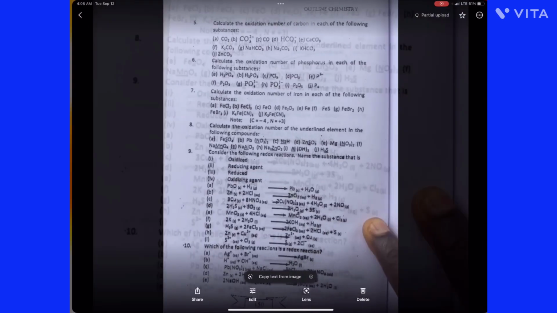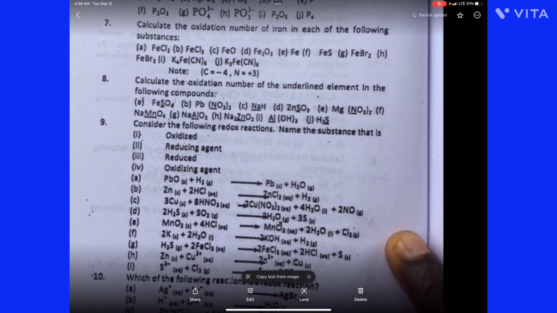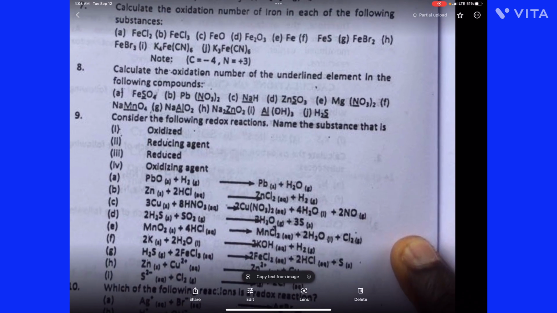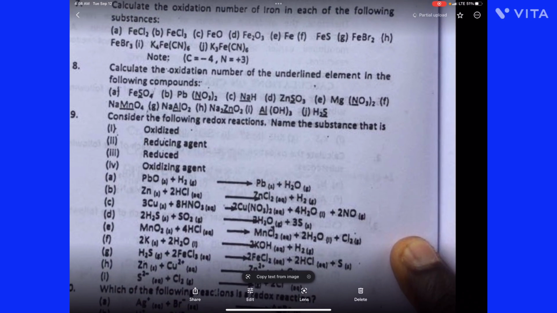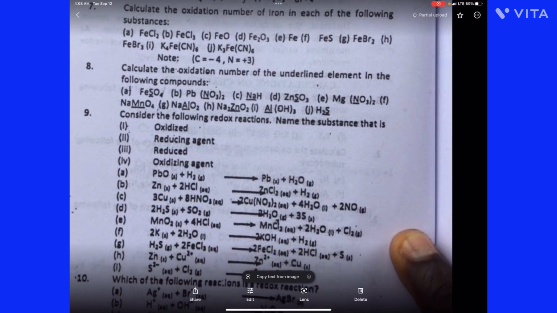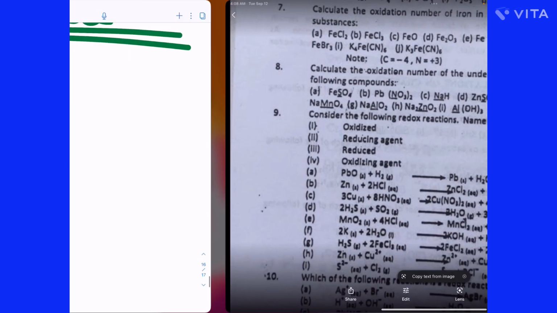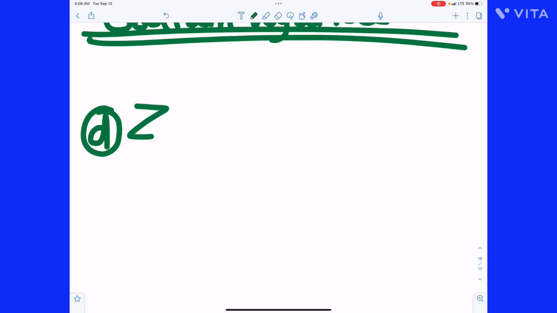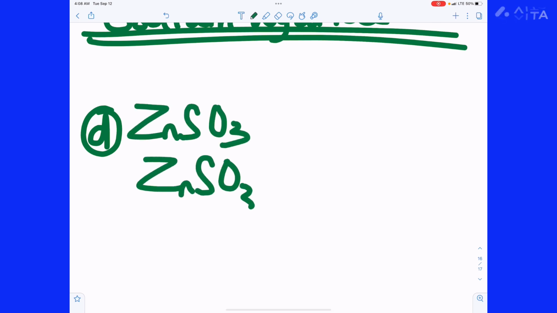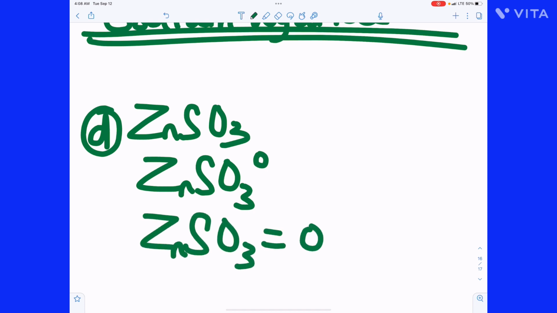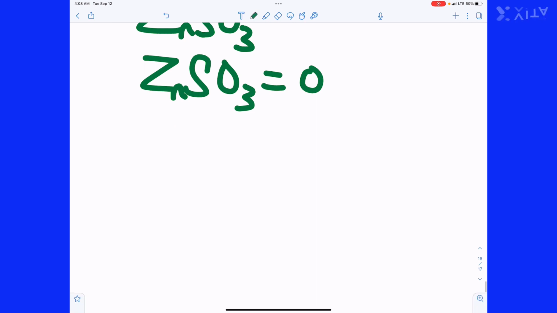We call that compound sodium hydride. So here, question D is ZnSO3. No charge is written on it. ZnSO3 is equal to 0.